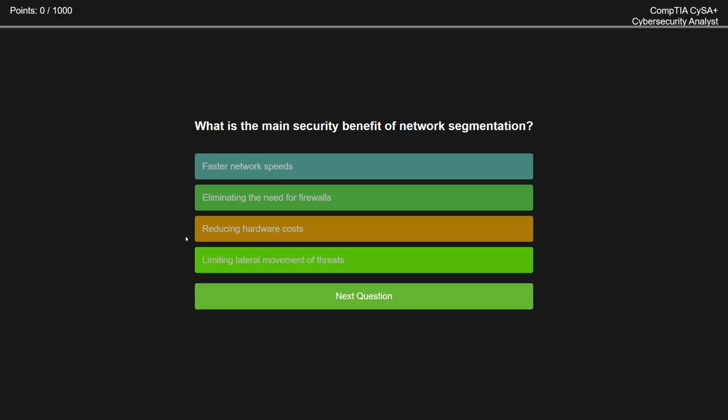So that's the main thing, to stop the lateral movement of threats, because with privilege escalation they're trying to get to the highest privilege system, or something they can get root access to so they can stay persistent on the system, right? I hope you understood that, but let's get to the next question.